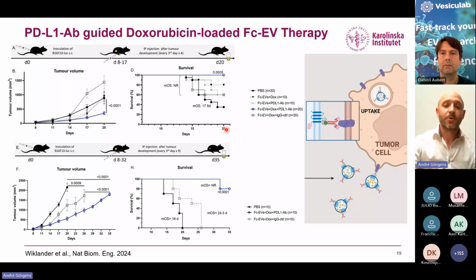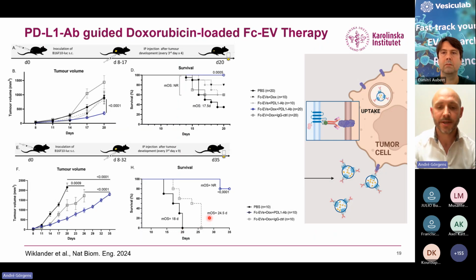As you can see, also for a longer time period, we had a clear benefit with a reduced progression of the tumor size. And here up to day 35, we still had an 80% survival rate in the therapy group, whereas the control mice just receiving PBS had all died off by day 20.